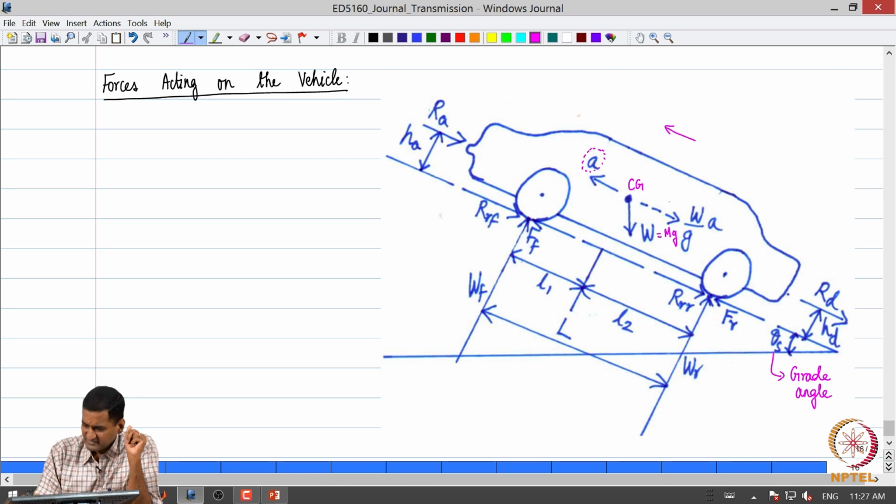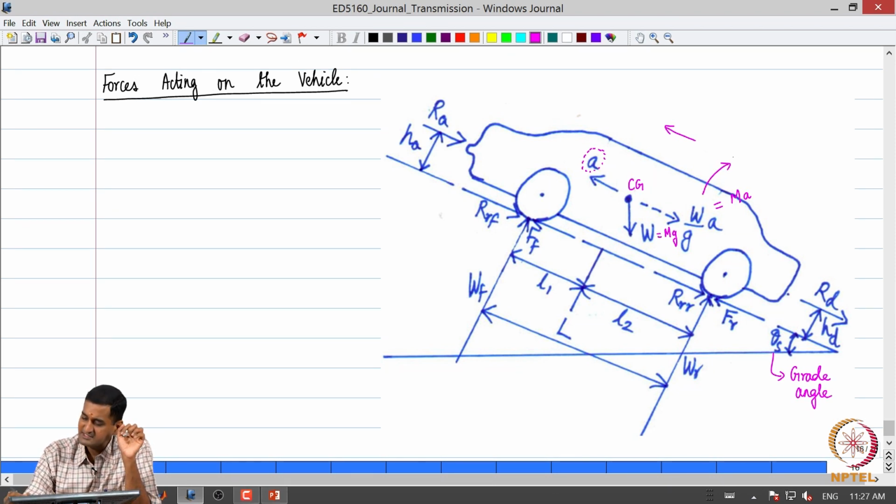Now I have marked W by g times a, which is m times a. M times a is nothing but the inertia term which one needs to consider, and I have marked it in a direction opposite to that of the acceleration.